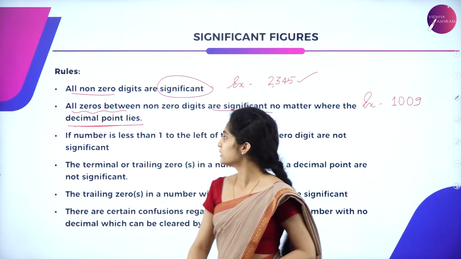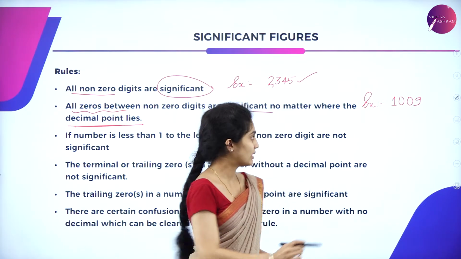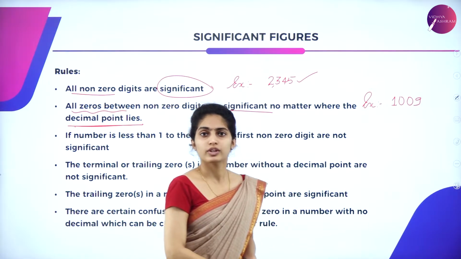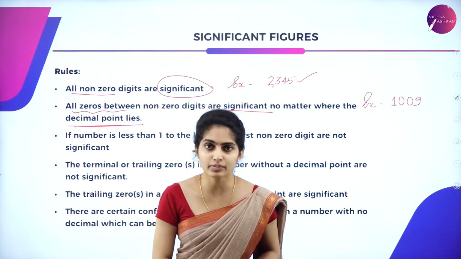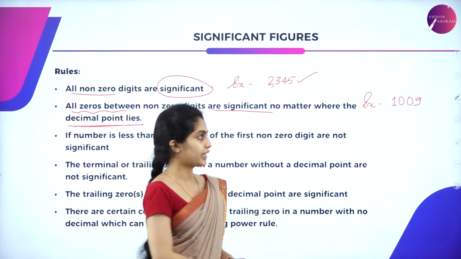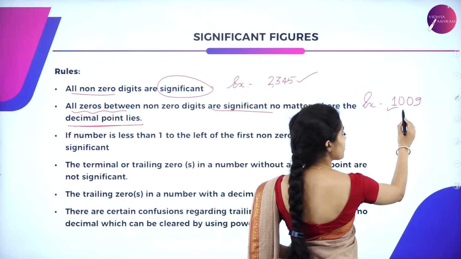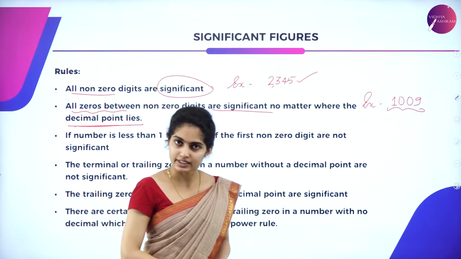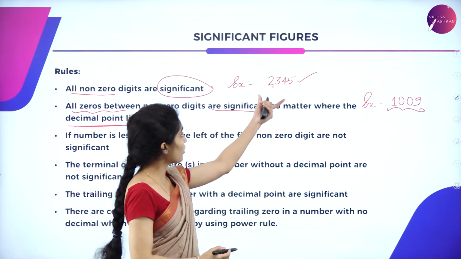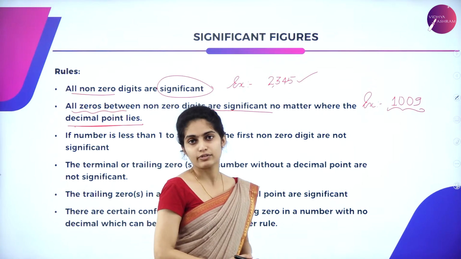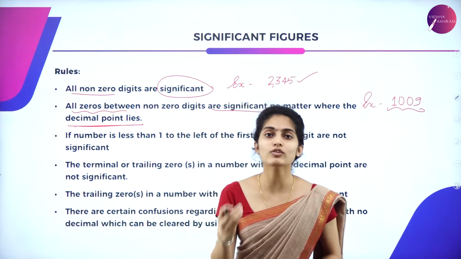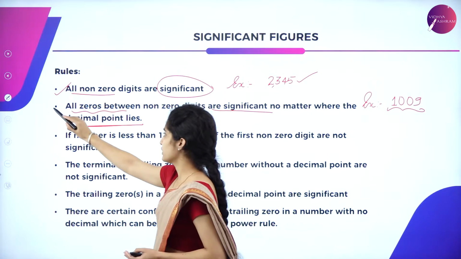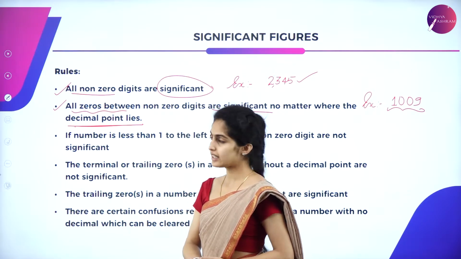So the second rule says that all zeros between non-zero numbers are significant. So you can tell how many significant figures are there? There are 4 significant digits. You have to give the number of significant digits there. So you have understood the first rule, and the second rule is also understandable.